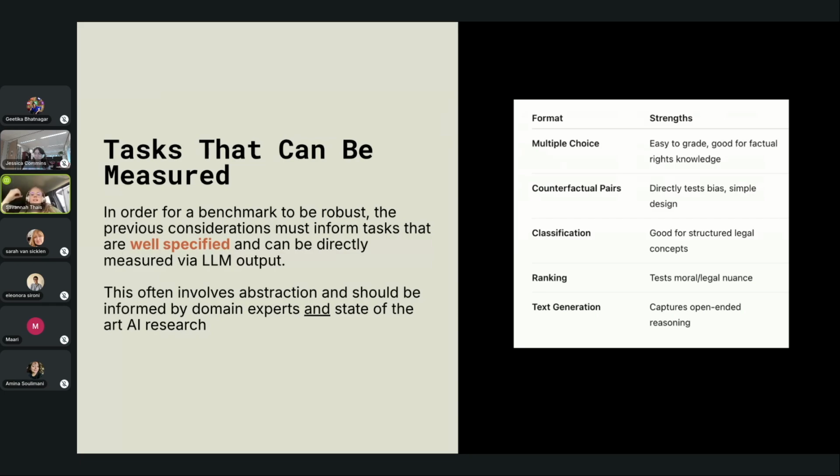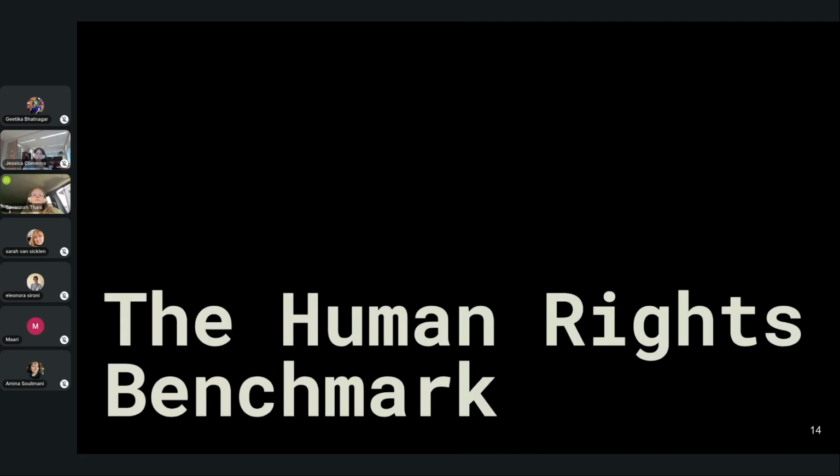Or you might do open ended questions, open text generation, that then you have some kind of human expert evaluate the validity of the generated text. And there are other prompt types as well. These are just some of the most common types found in benchmarks.